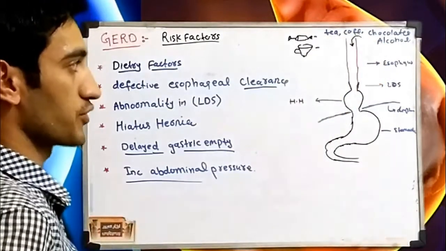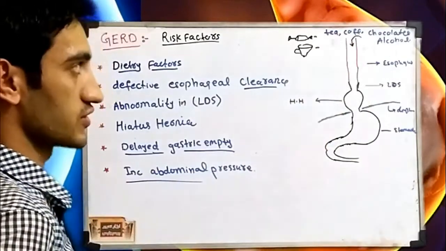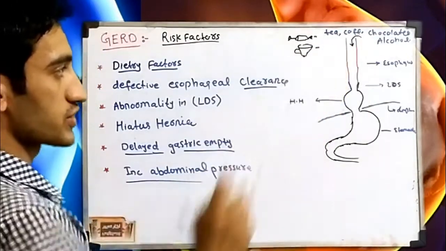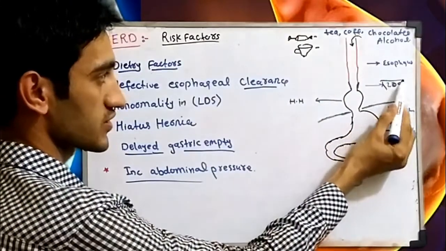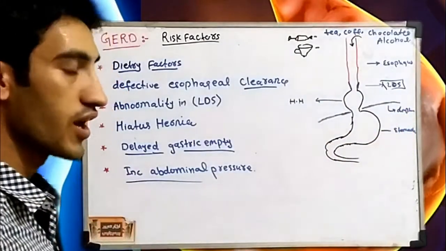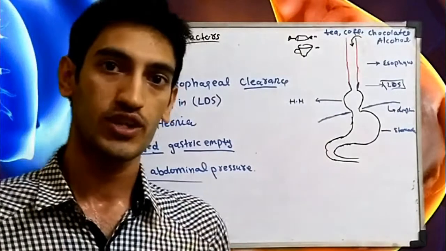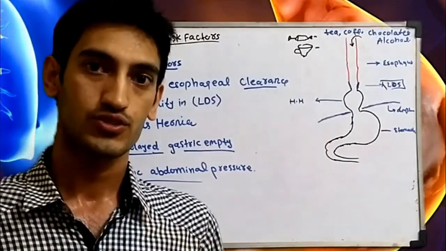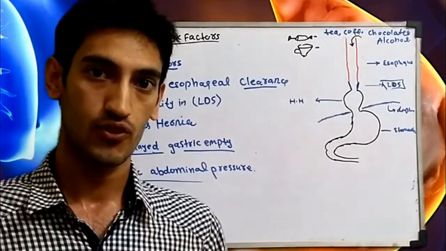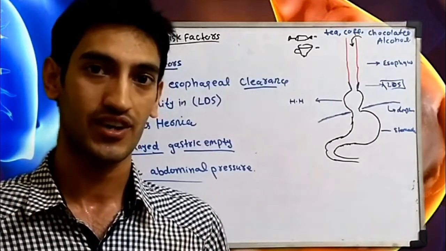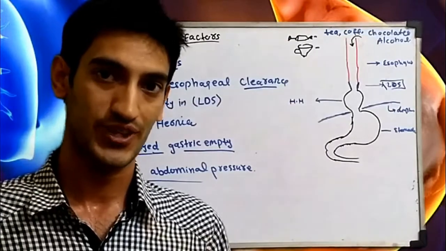when a person takes this diet, will relax the lower esophageal sphincter. And when it relaxes the lower esophageal sphincter, there will be backflow of the gastric or duodenal contents into the esophagus.